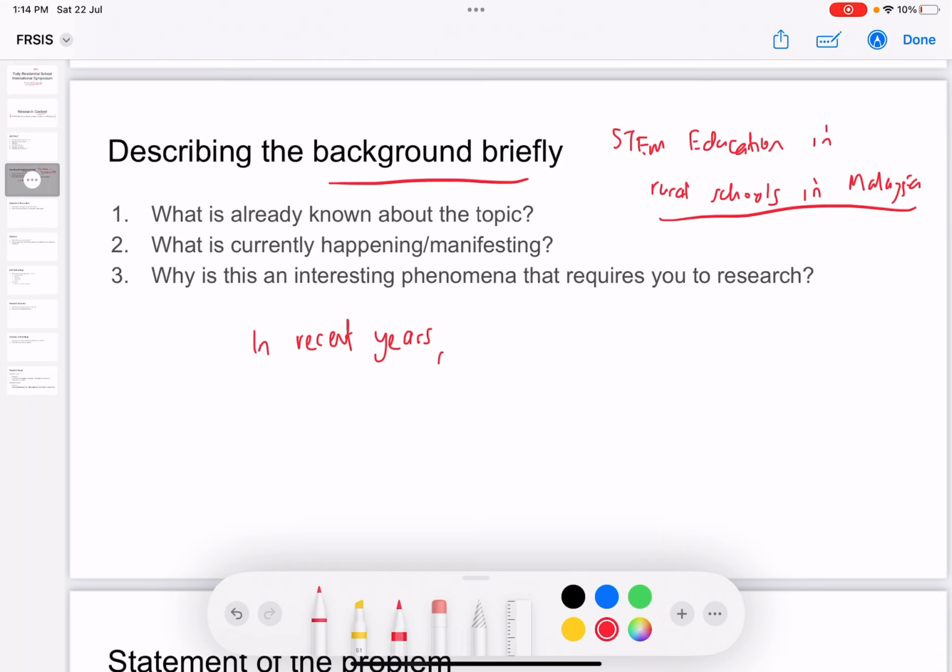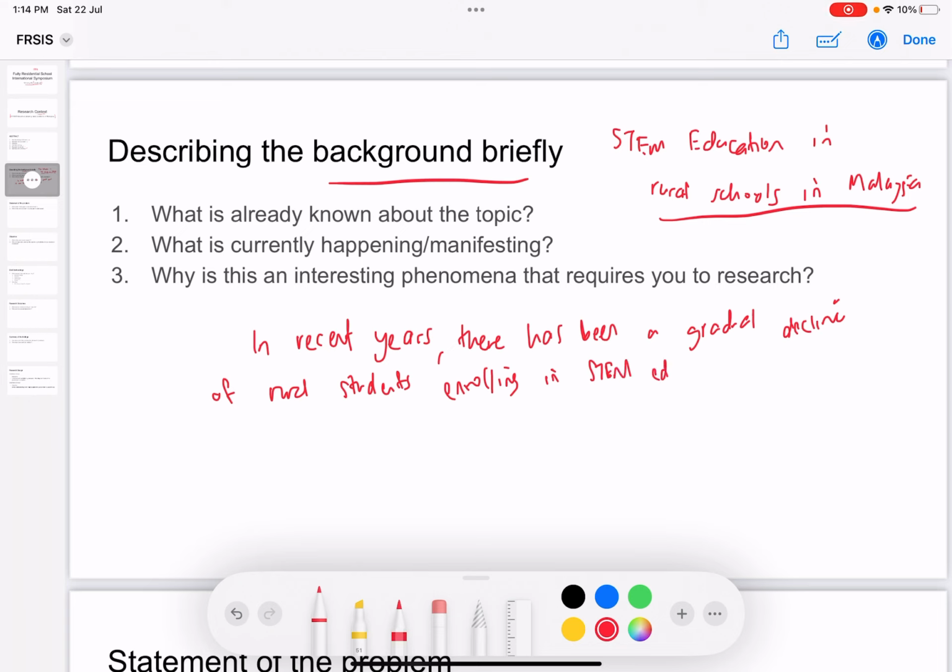In recent years, there has been a gradual decline of rural students enrolling in STEM education after their form 3. So you can see here that I'm being very specific.